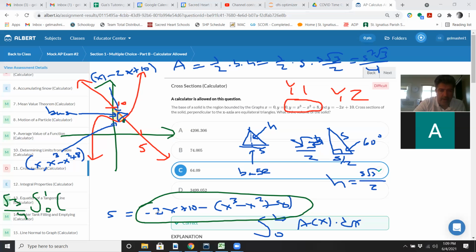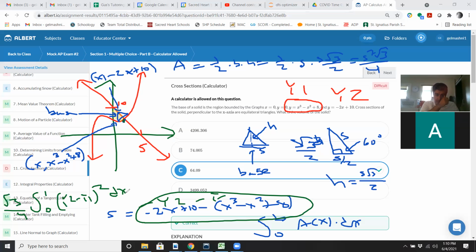And s squared, our s is simply going to be y2 minus y1. So you're going to do y2 minus y1 squared dx. You have to know some of your plane geometry as well. So I do this in the home screen. Fn Int from 0 to 1: alpha trace y2 minus alpha trace y1, squared, dx, multiplied by root 3 divided by 4.